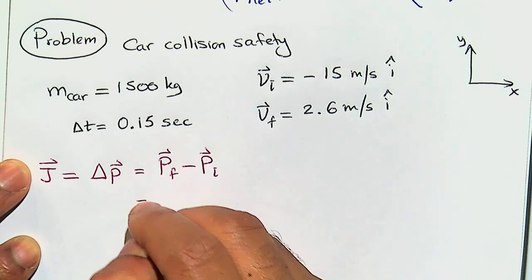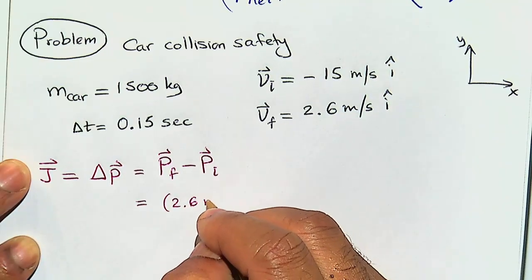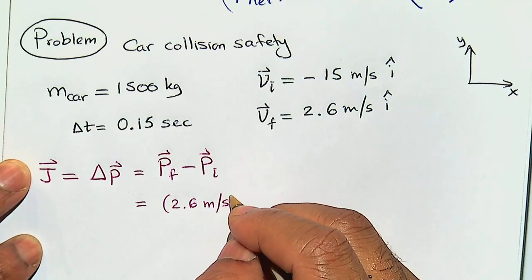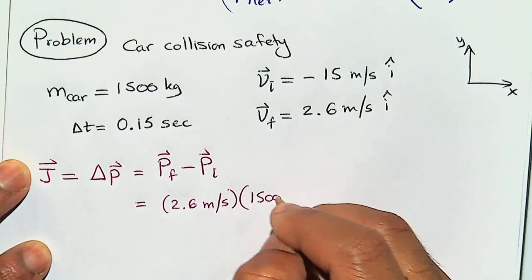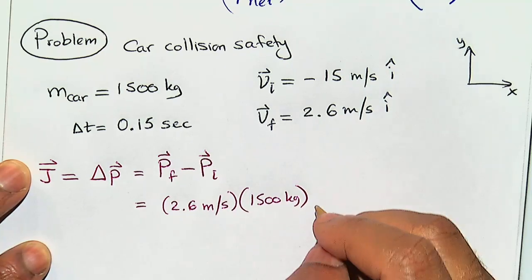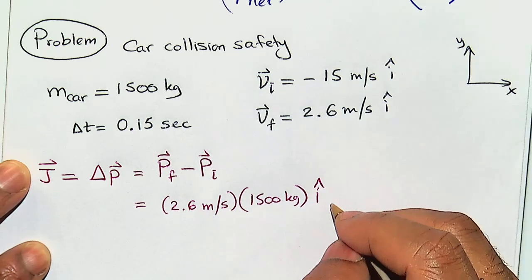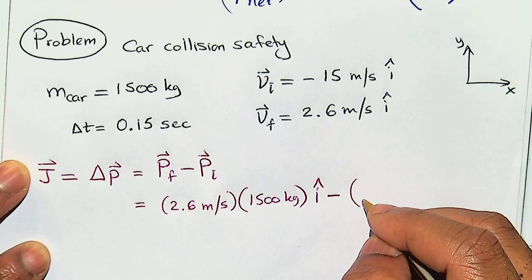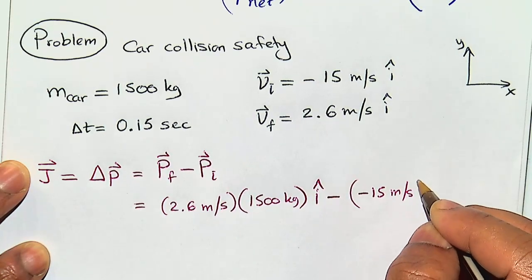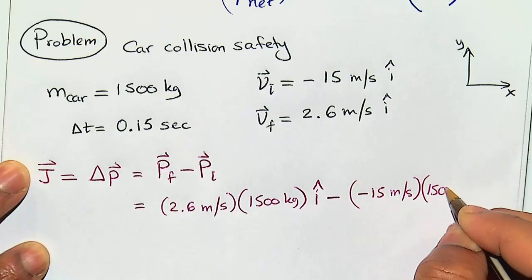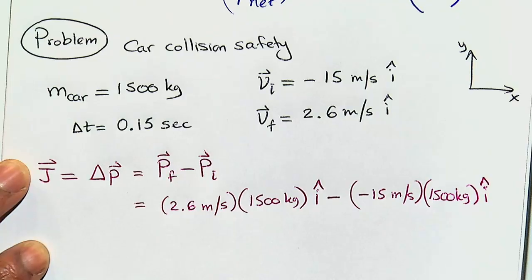So when we're talking about the final velocity, what is the final velocity? Well, it's 2.6 meters per second. Mass times velocity, the order doesn't really matter. 1,500 kilograms. And what direction is it? It's in the i-hat direction. We want to subtract that by the initial velocity, which is also negative, so watch the signs there, meters per second, times again 1,500 kilograms, again in the i-hat direction.